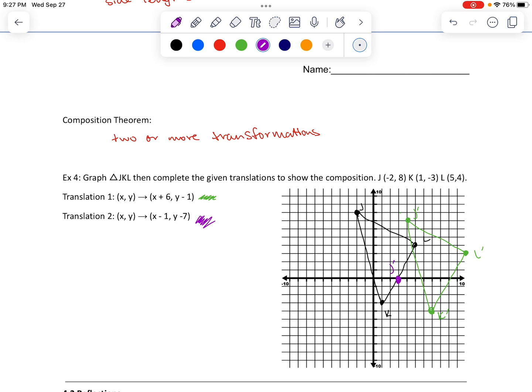This is now J double prime. L prime, again, left 1, down 7. And K. Again, right on the edge of that graph.